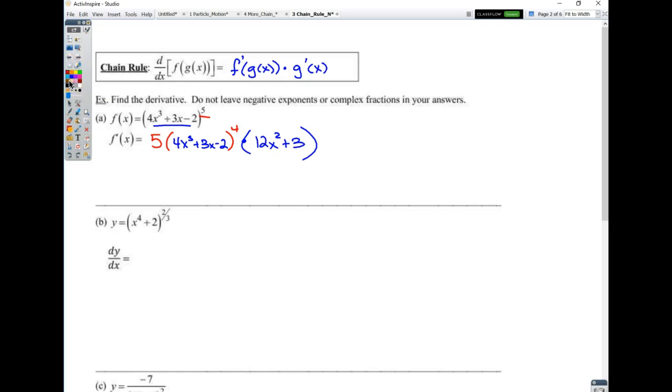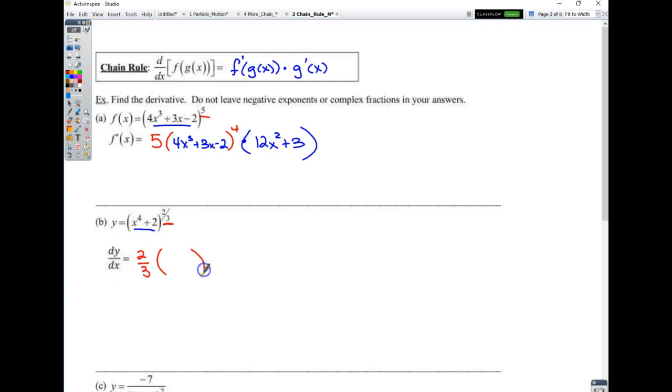So going through these problems, we're looking for an outer function, 2/3, and an inner function, x to the 4th plus 2. And just like we've been saying, we have to deal with the derivative of the outside piece first. So I look at the outside piece, this 2/3, and I'm going to do the power rule on that.